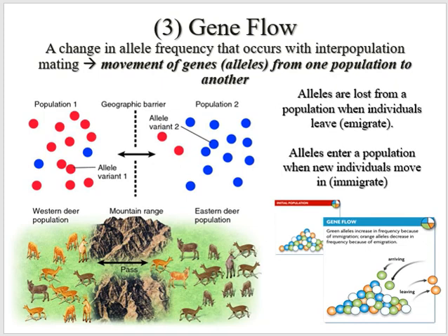How it occurs is through migration and or dispersal. Migration deals with the physical movement of individuals. Dispersal is more of the movement mechanism that you see with plants, as far as dispersal of seeds or spores.